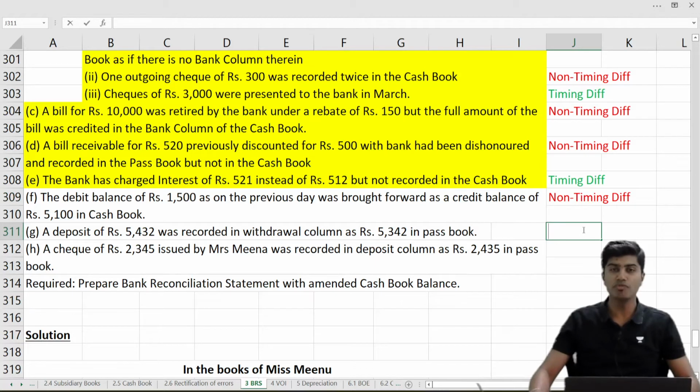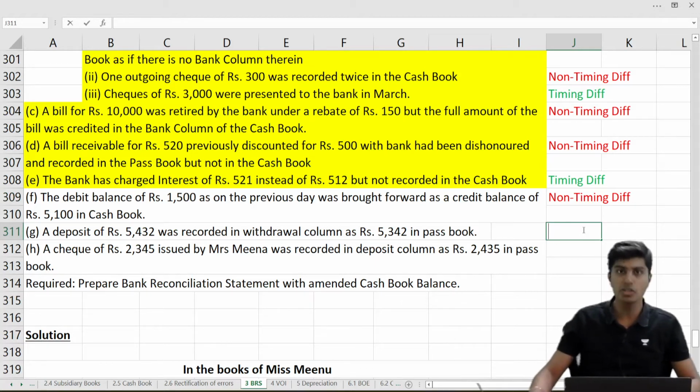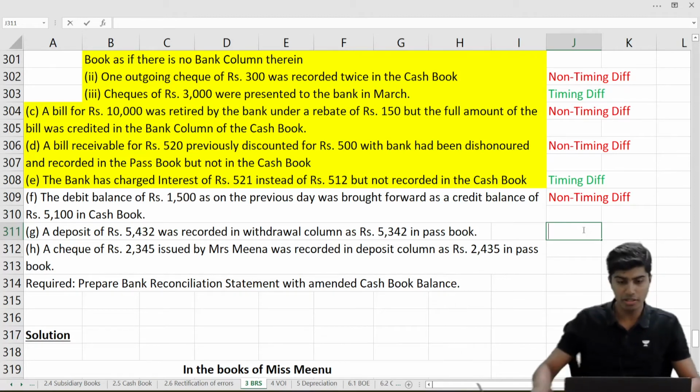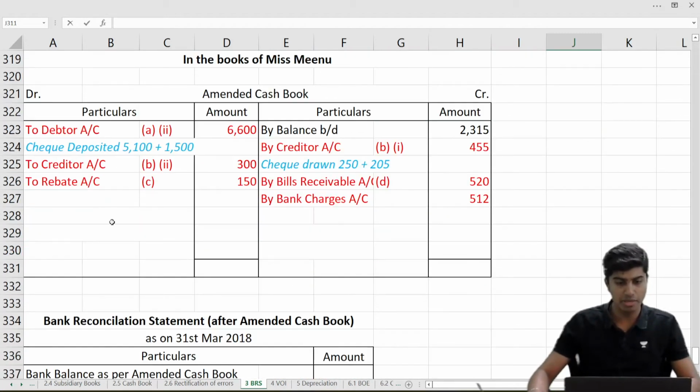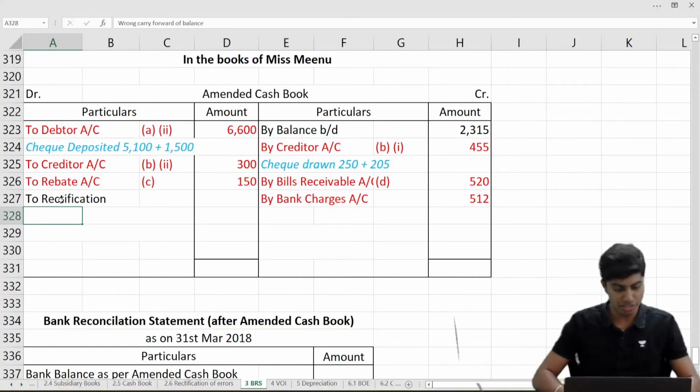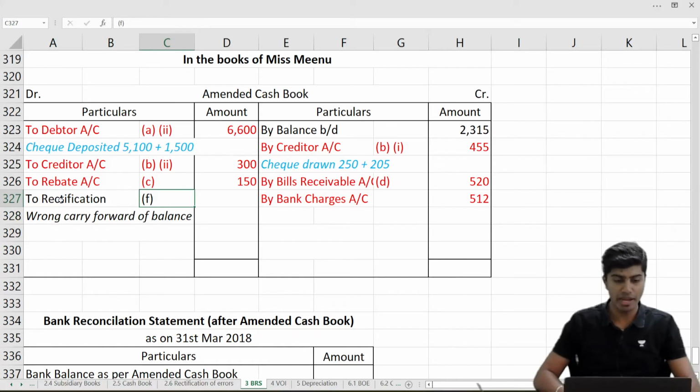Yup, debit of 1500 not recorded on the debit side, so I'll debit, and wrongly recorded as credit of 5100, that also I will debit. Let me write the same in my amended cash book. I'll write here rectification: wrong carry forward of balance F, 5100 plus 1500, that is 6600.